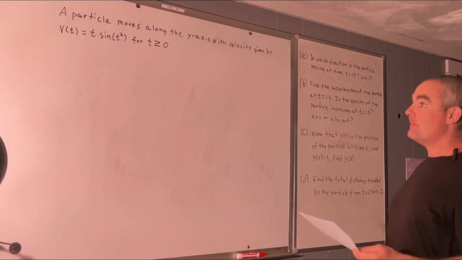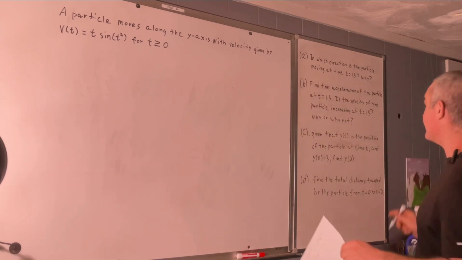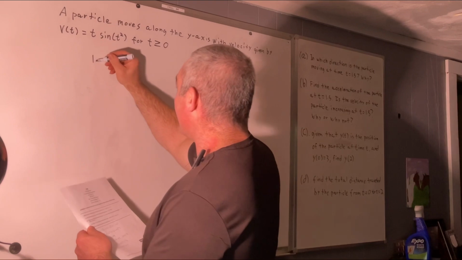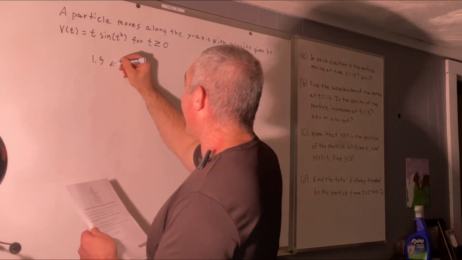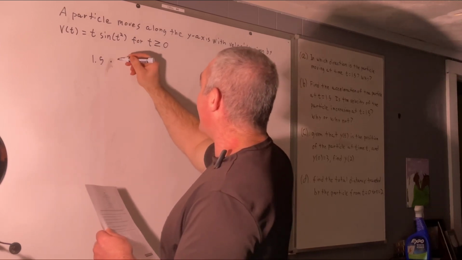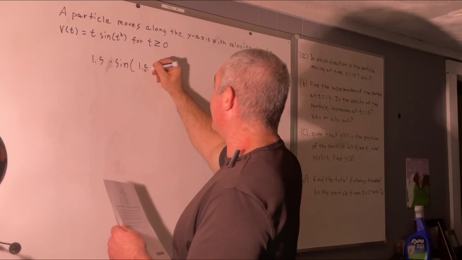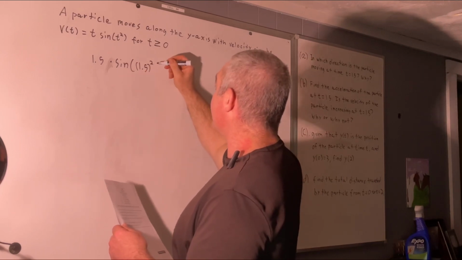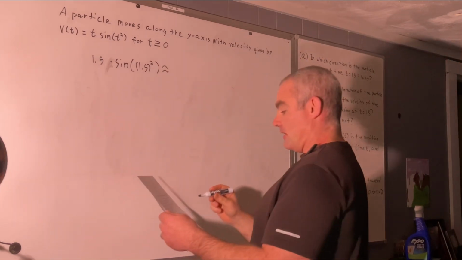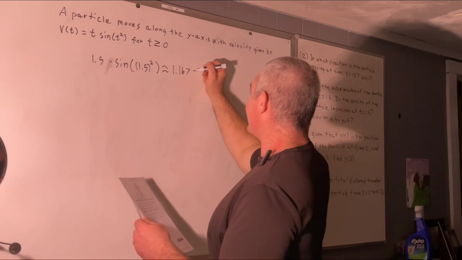You literally just have to plug in 1.5 into your function v of t. So basically, you just put 1.5 times, well, I'll use the big boy version of times, sine of 1.5 squared, and that's roughly equal to, according to my notes, 1.167.